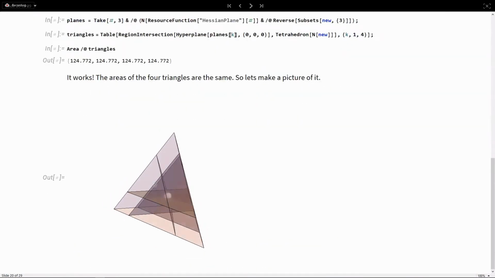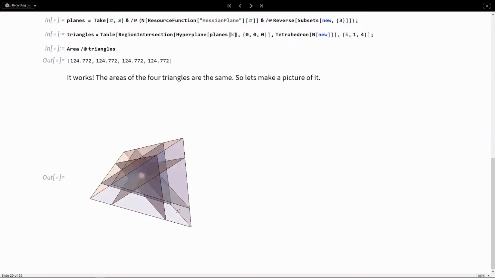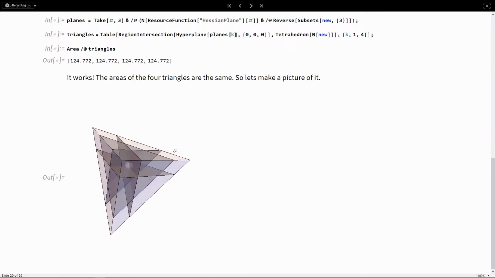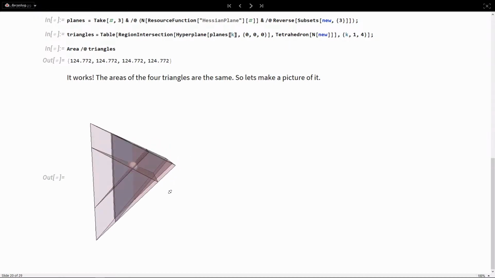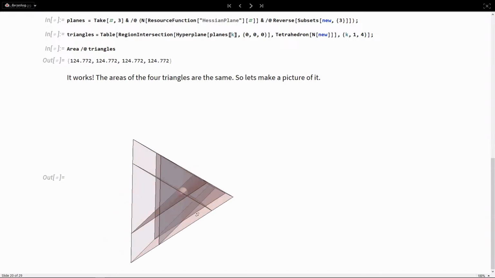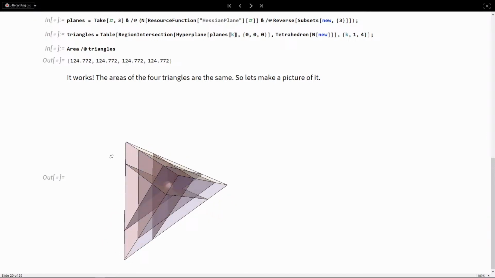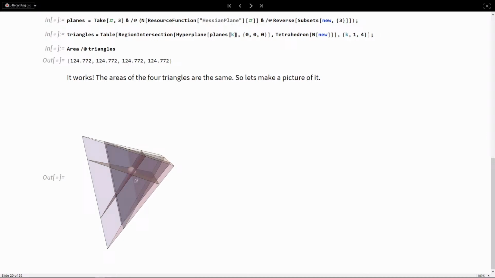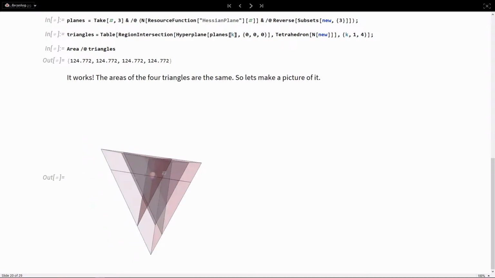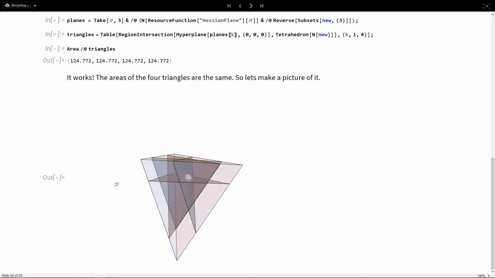Basically, we're going through a single point so that the areas of the four triangles is the same. And each triangle is parallel to the given face and going through the equal parallelions point.